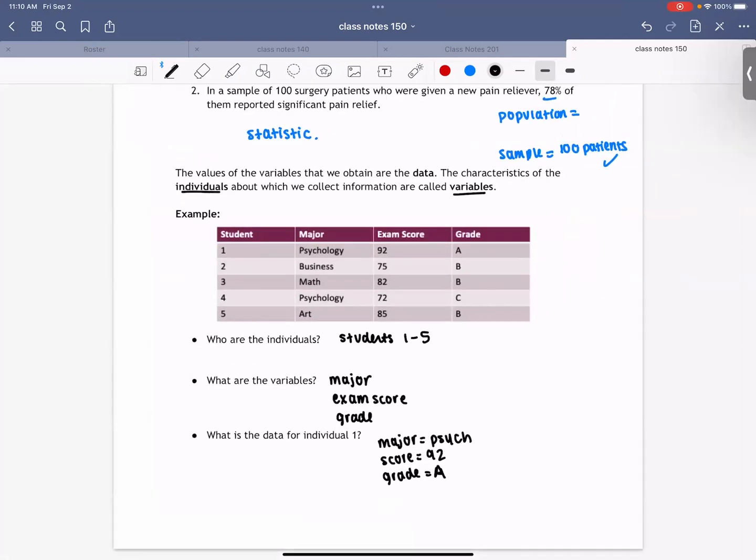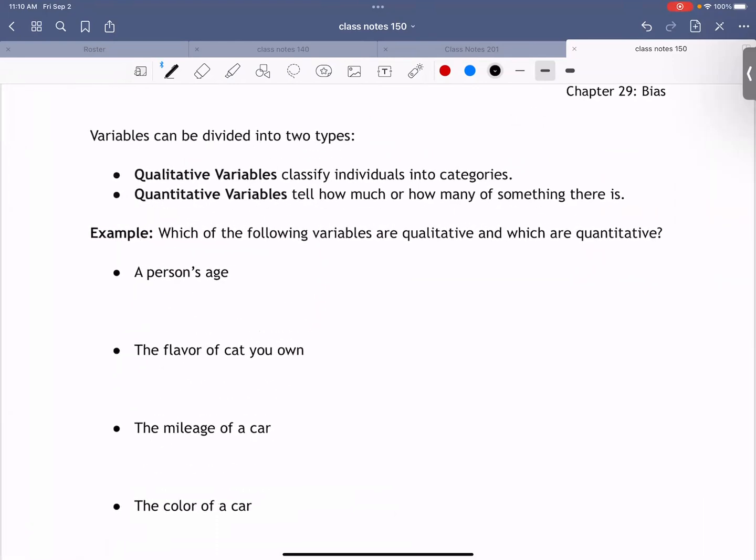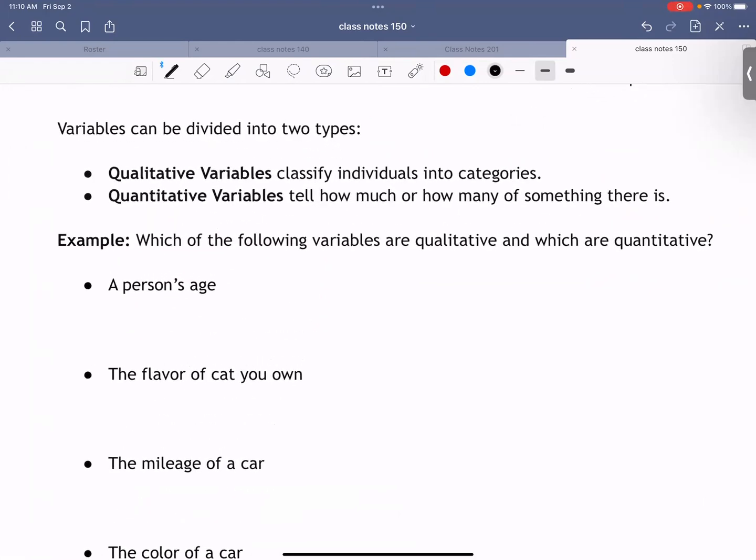Let's do one more group of terms that I'm going to be using a lot, and these pop up a lot throughout the rest of the class. Two types of variables we have. Sometimes we can have things that can be described with numbers, and then we're going to have things that can be described using words.